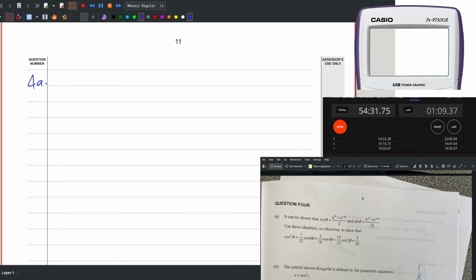Okay, how does this work then? Because you have to use the thing, right? So cos of 6 theta equals e to the 6I theta plus e to negative 6I theta over 2, right?